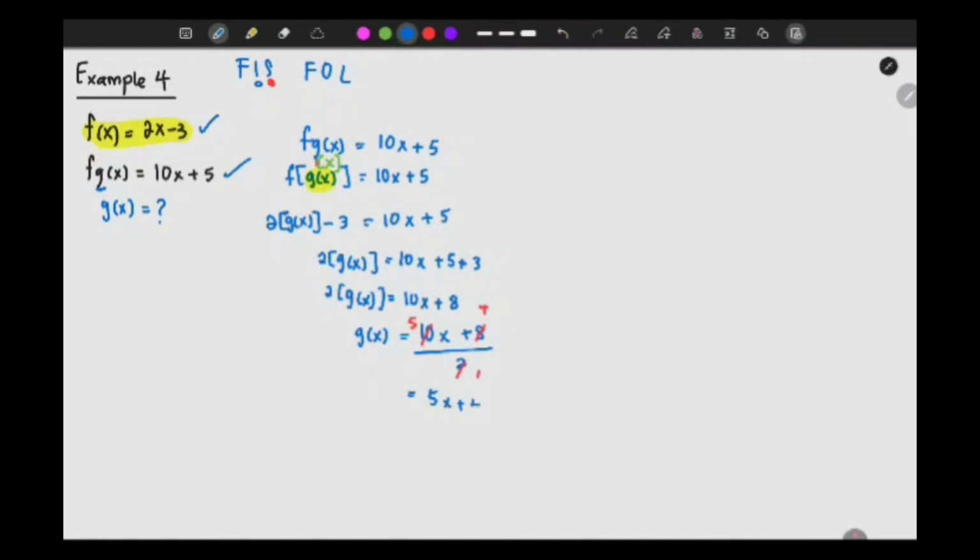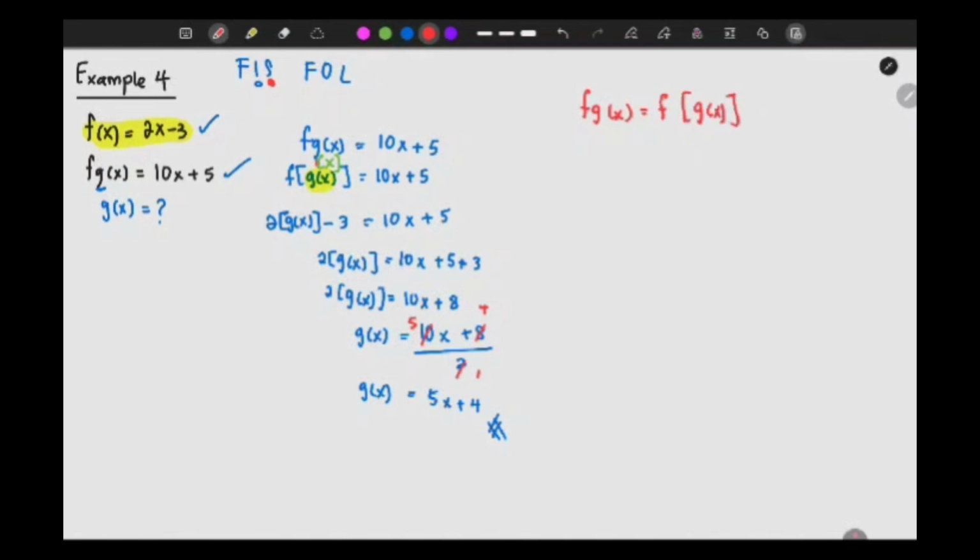And we can also double check our answer. So let's check our answer, yeah? fg(x). So let's check. First thing, how do you find our fg(x)? The composite function. First thing first, expand them. And then substitute one by one. So your g(x) is 5x plus 4.